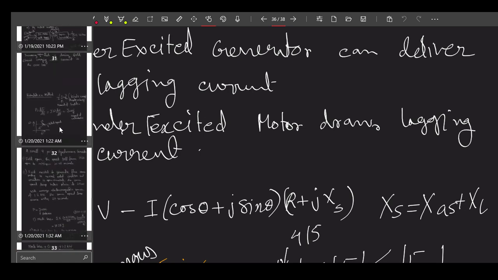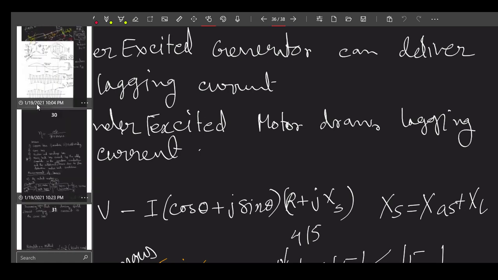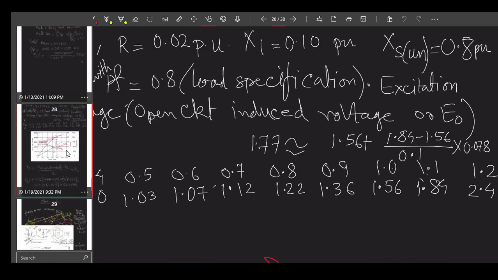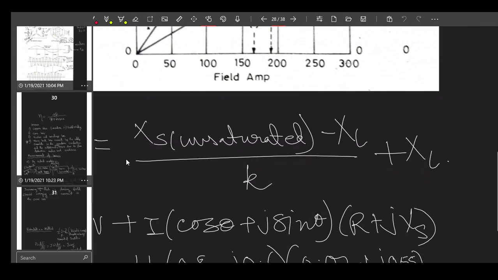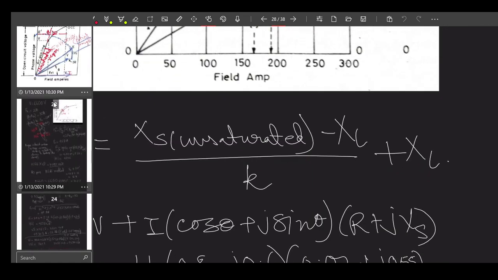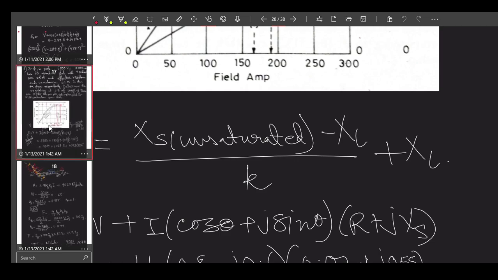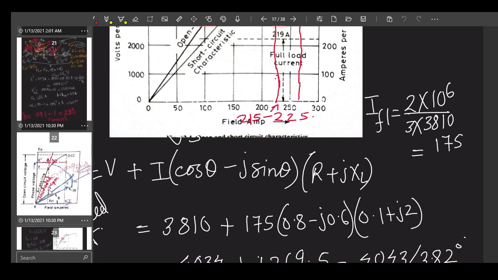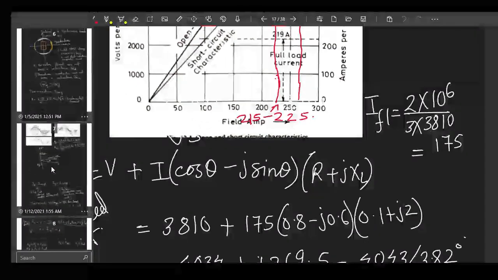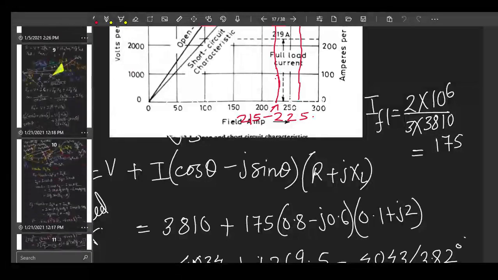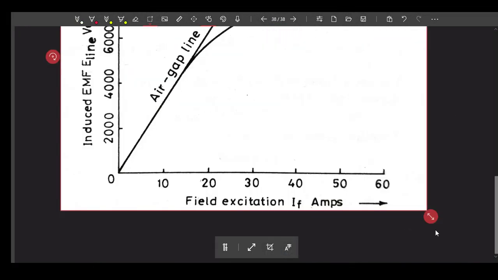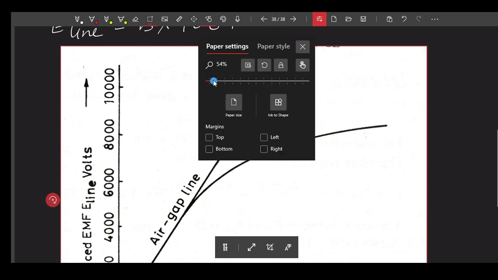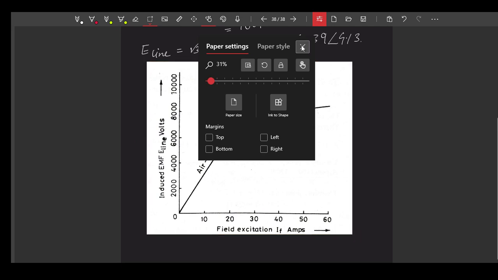Just a minute. Well, so if we plot, we get a curve like this, right?